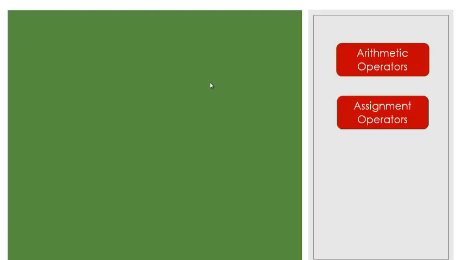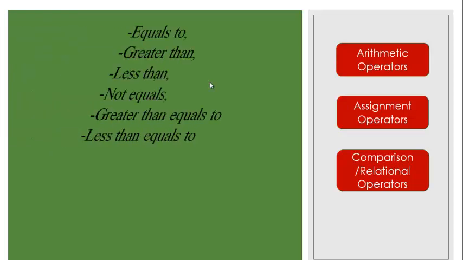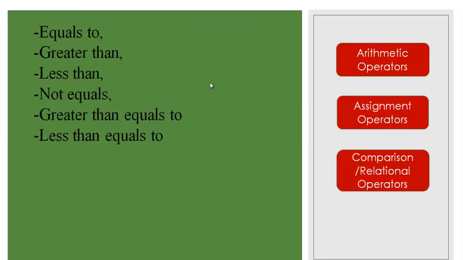Okay, about the third part, we are going with the relational operators. We see the word relational here because we are trying to relate two different values. Here we are using equals to, greater than, less than, not equals, greater than or equals to, and less than or equals to.